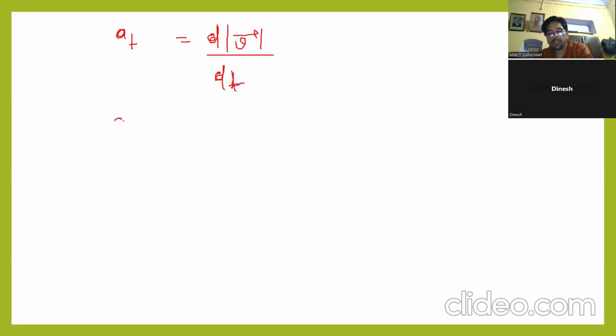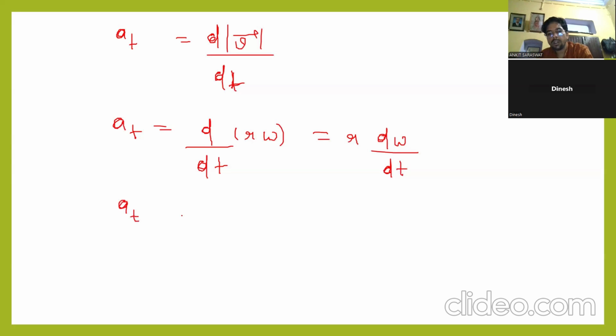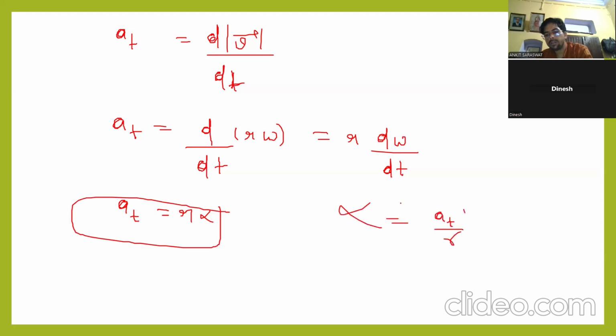So AT will be d by dt of R omega. R is constant because in a circular path, R is constant. d omega by dt is angular acceleration. So AT will be R alpha. This alpha, or alpha will be AT by R. This is angular acceleration.